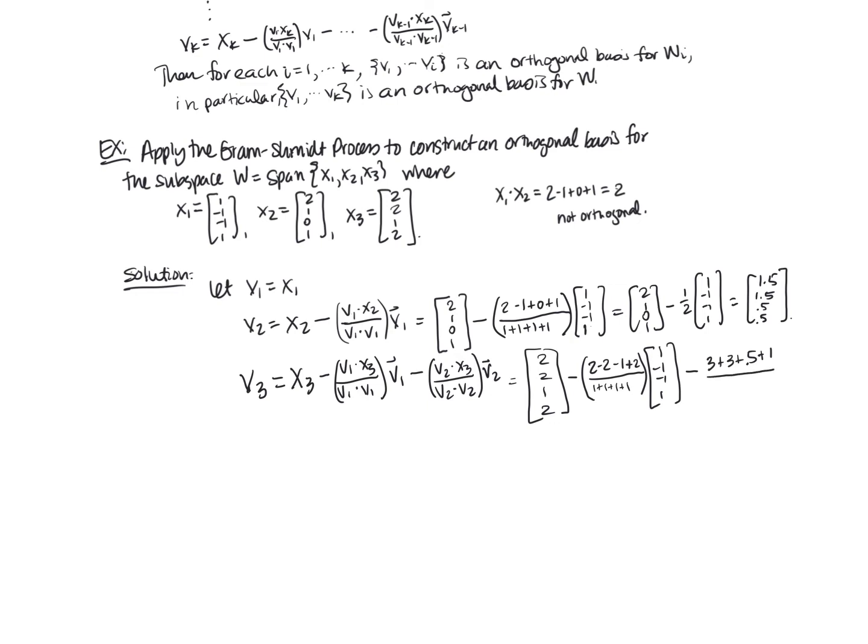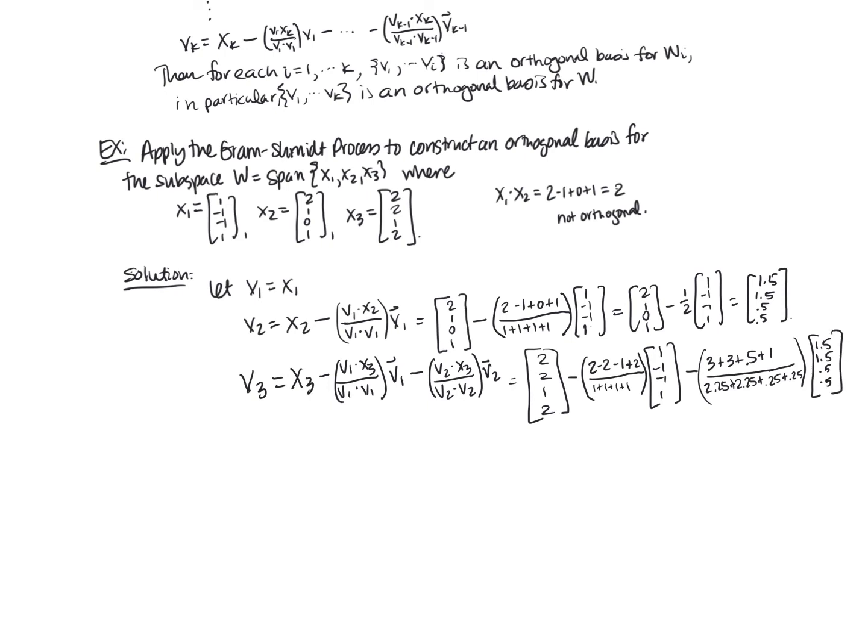And that's over v2 dot v2. So it'll be 1.5 times 1.5, which is 2.25, plus 0.5 times 0.5 is 0.25. And all of that is multiplied by the vector v2, which is 1.5, 1.5, 0.5, 0.5.